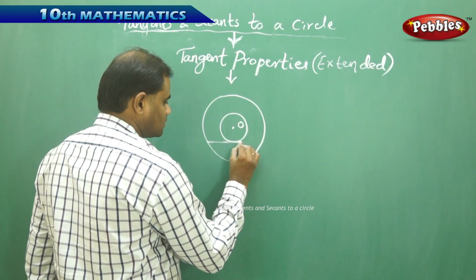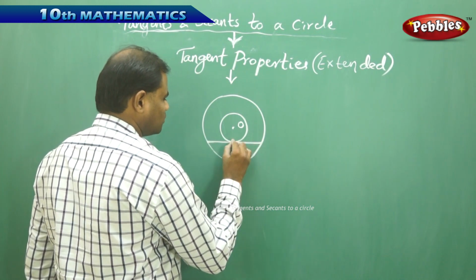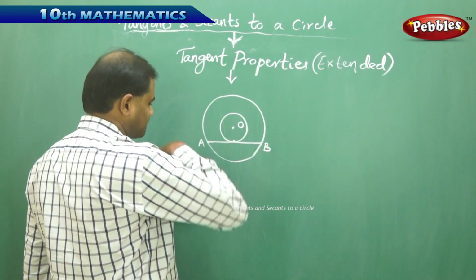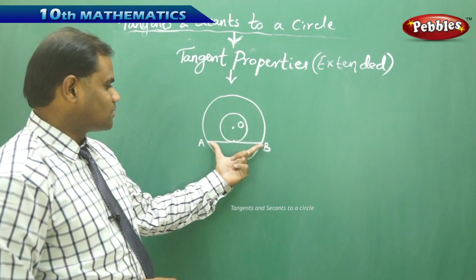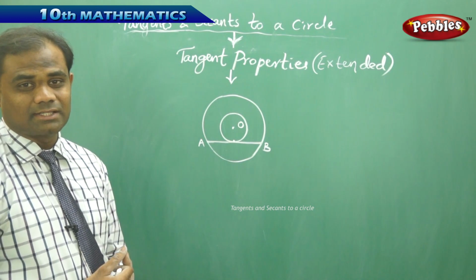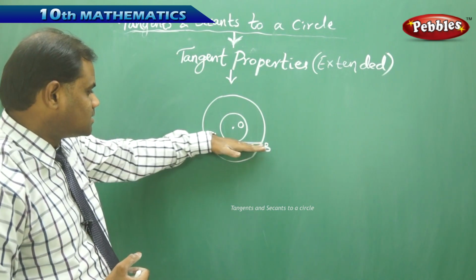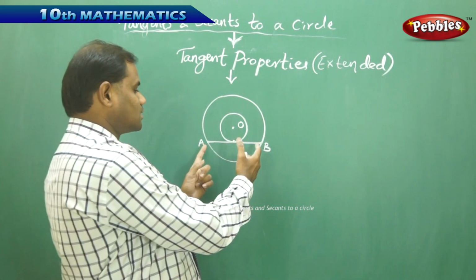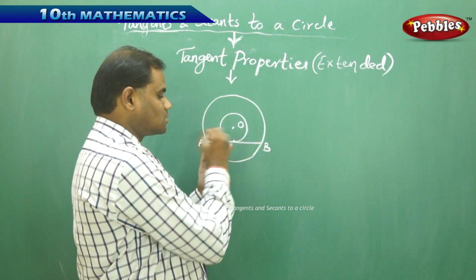Say this is the chord or the secant for the bigger circle, AB. So the chord or the secant of the bigger circle AB makes us understand that this is a tangent to the smaller circle.